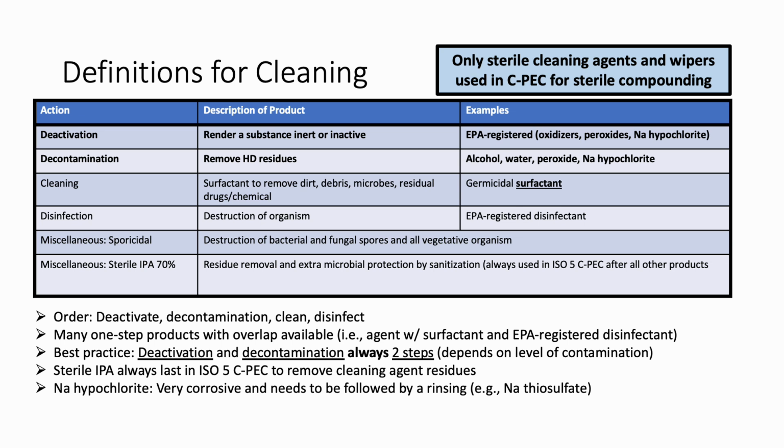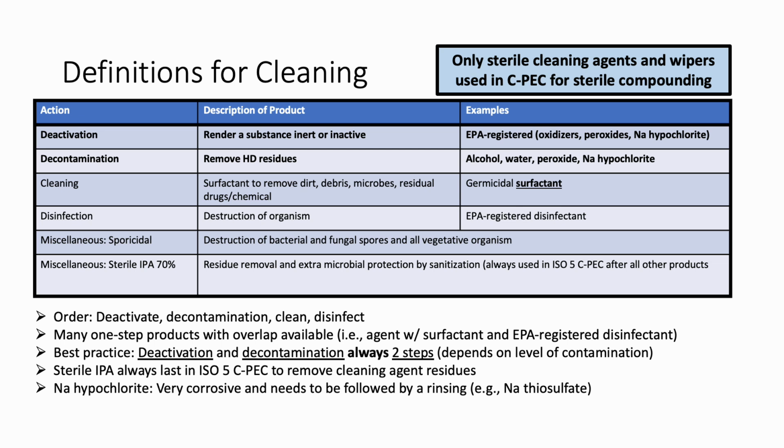And just to note, there are those one-step processes or one-step products out there that actually can do all of this. You actually have products that are deactivators and decontaminators and can be used in cleaning and disinfection, as well as being sporicidal. So very important to remember that because it makes your job so much easier. It makes things streamlined.